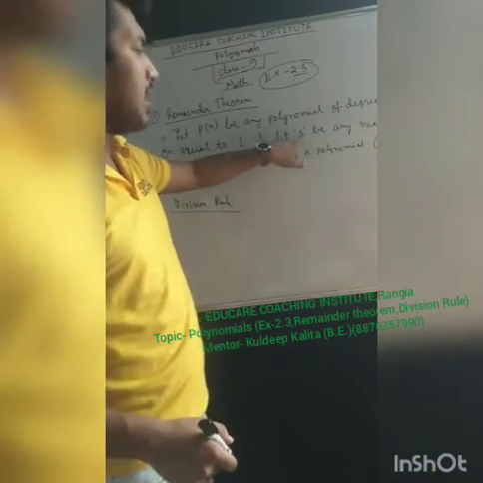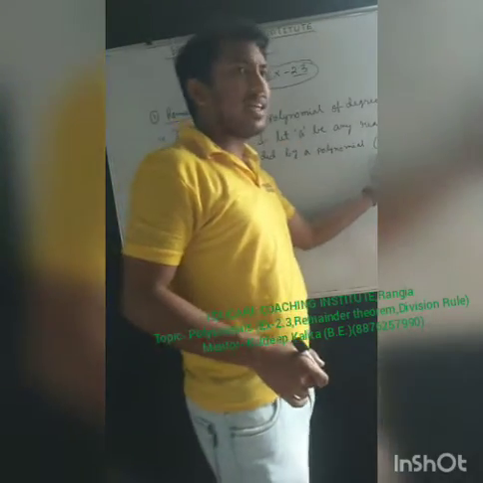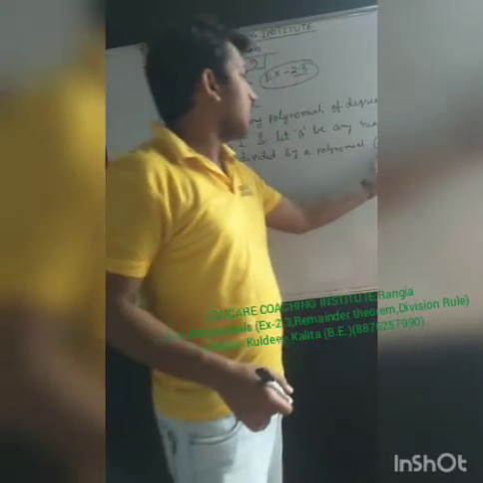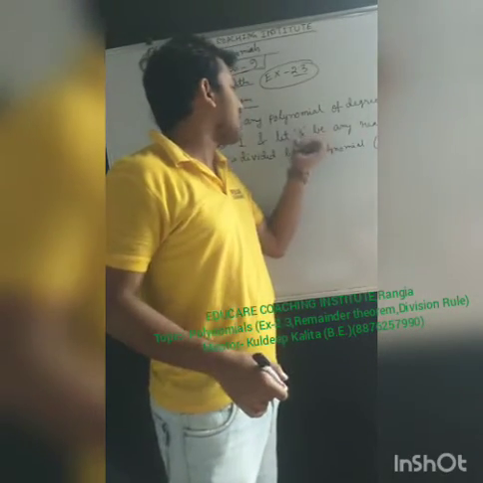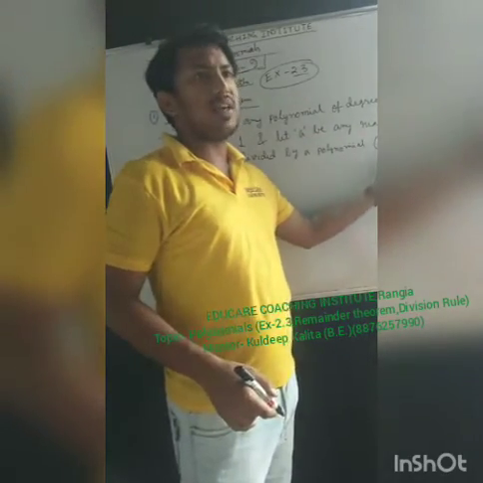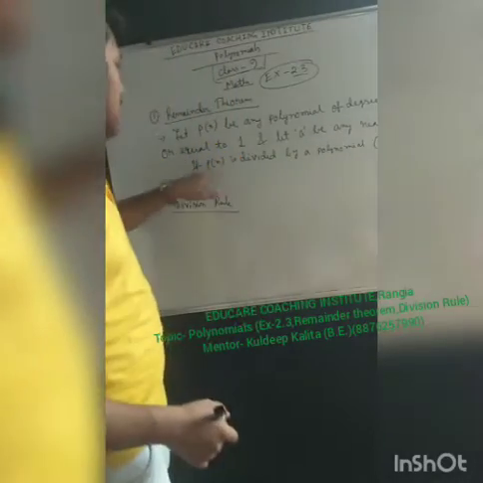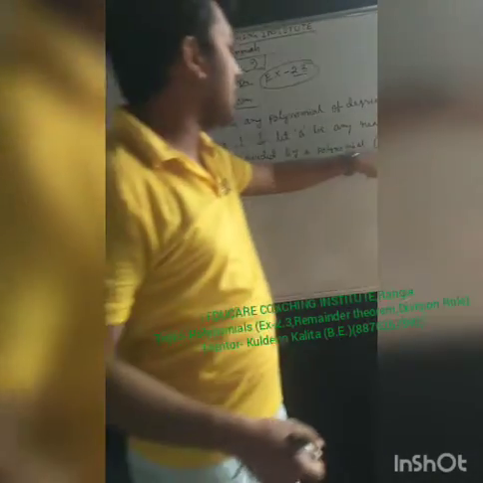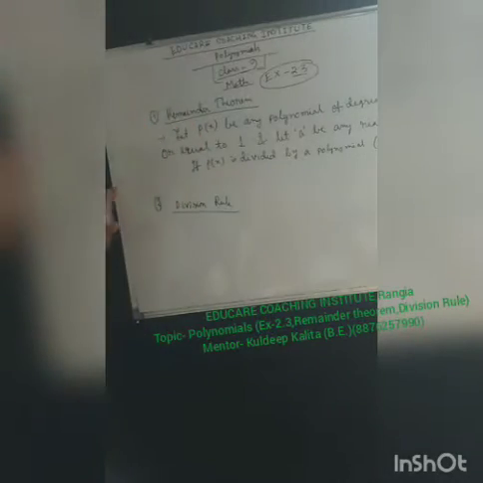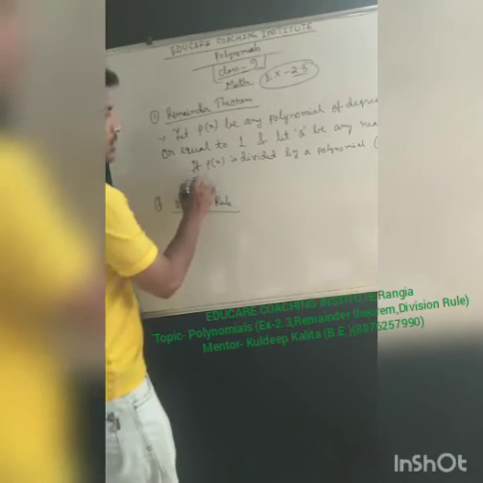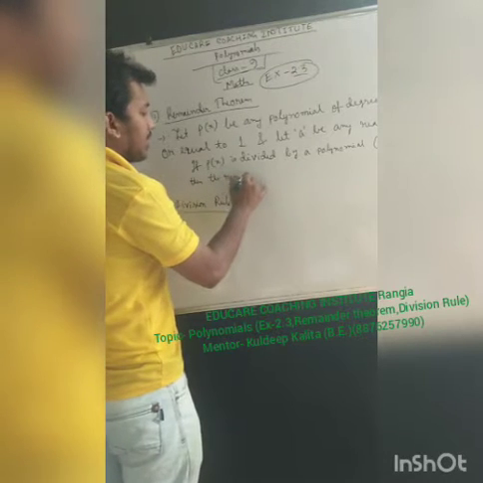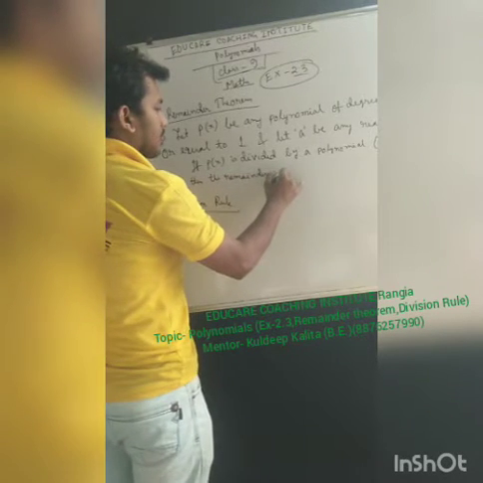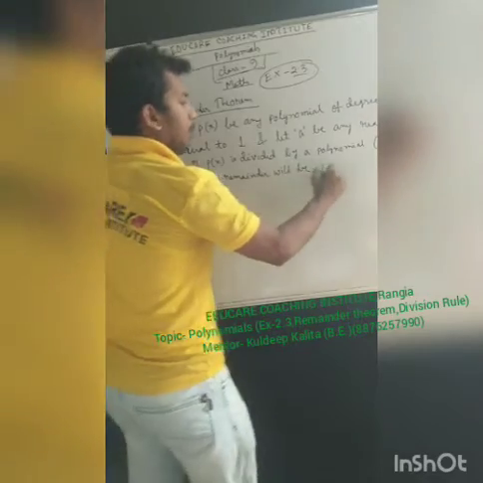If a is the number, then the divisor polynomial is x minus a. If it is plus a, it is x plus a. If P(x) is divided by x minus a, then the remainder will be P(a).